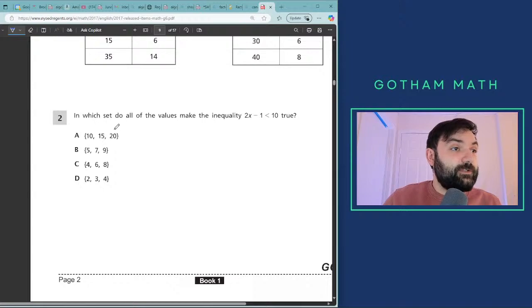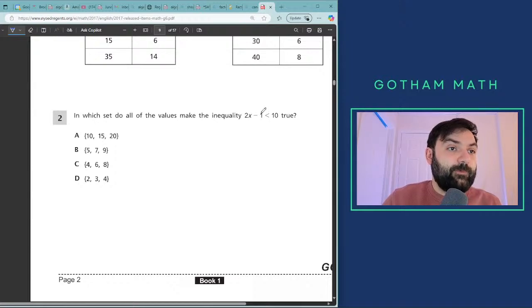In which set do all of the values make the inequality 2x minus 1 less than 10 true? So what do we do here? We solve it, and then we'll see which numbers match.